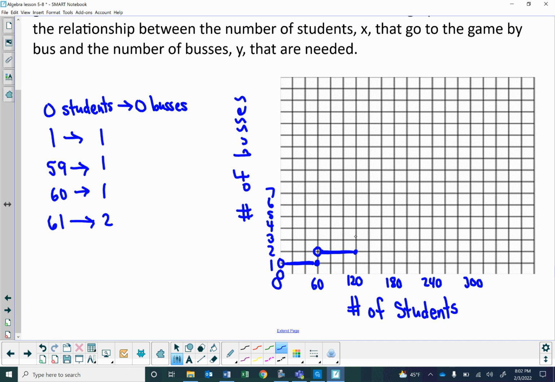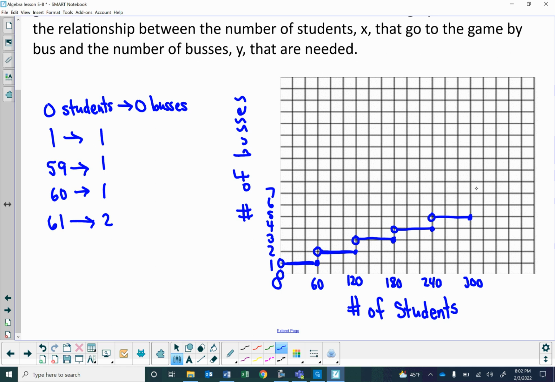So 120 students is open all the way till I get to 180 students, and this is closed right here at 180. As soon as I hit that 181st student, I'm going to need another bus, so I have an open circle there, and all the way to 240, and I close it there because every 60 students, I need another bus. So at 240, I don't need another bus, but I do at 241 all the way to 300.